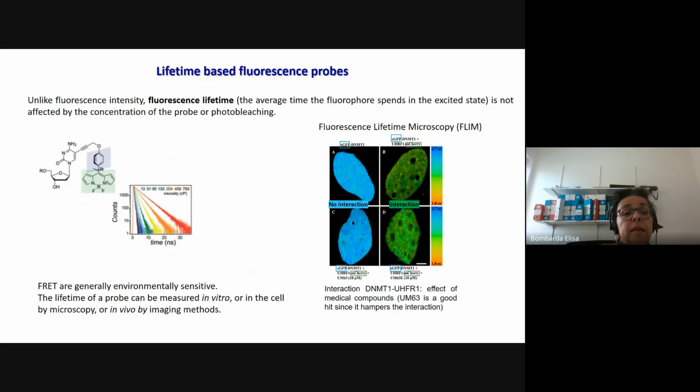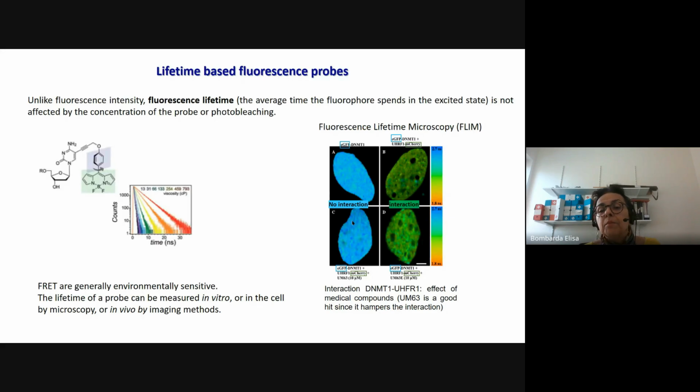Finally, another parameter. As we were talking about, fluorescence lifetime is, after intensity, the other fundamental characteristic of the fluorescence process. The fluorescence lifetime is the average time during which the molecules stay in the excited state.